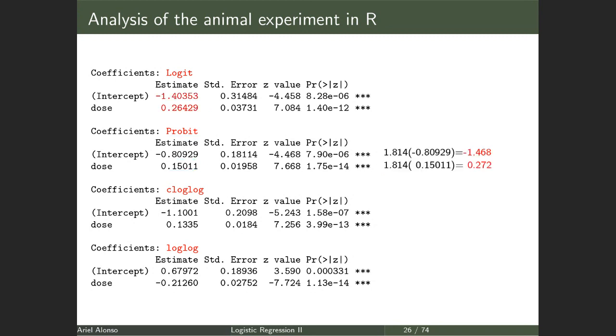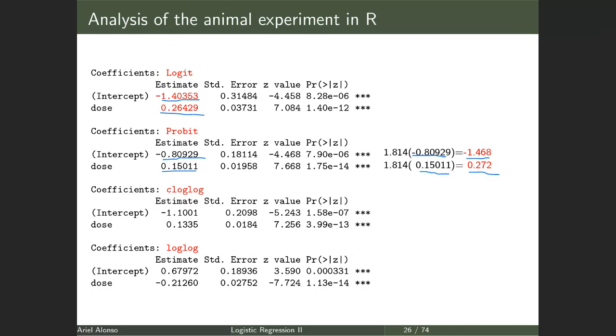If you do the math, you see that indeed this is very similar to this one over here. If you multiply the intercept of the probit model by 1.8, you get something similar to the intercept in the logit model. And if you multiply the slope coefficient by 1.8, you get something similar to the coefficient in the logit model. That's why logit and probit in general give you similar results.